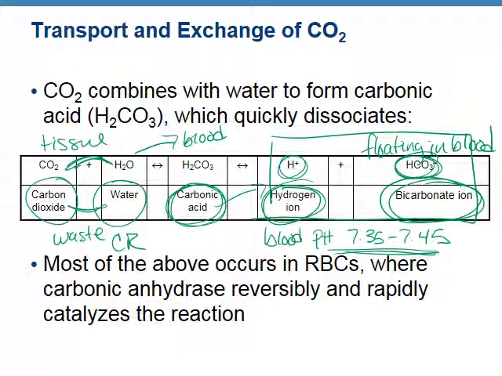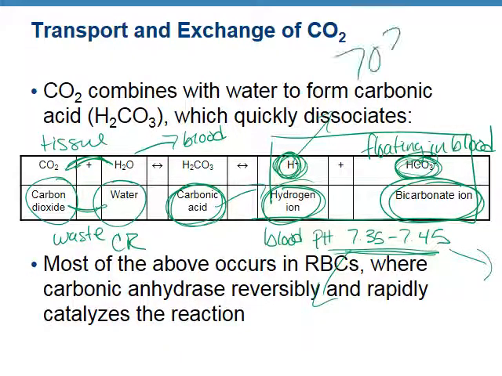So if I dumped a whole bunch of acid into my bloodstream, the bicarbonate is going to buffer it. So your blood will not drop below 7.35. If I put in a bunch of bicarbonate into my bloodstream, like through the pancreas, then the bicarbonate, the alkaline material, is going to bind the hydrogen and you won't have your blood pH go above 7.45.